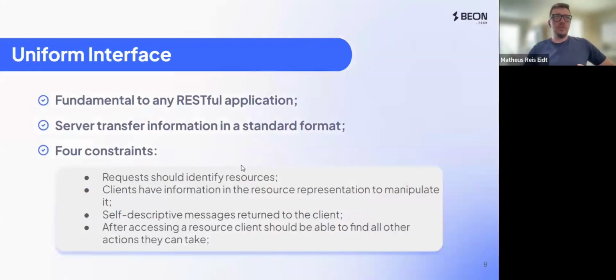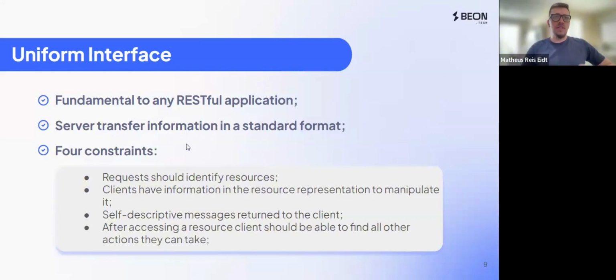So let's start with the uniform interface. This principle is fundamental to any RESTful application. It defines the way that the server will transfer information to the client using a standard format. This way, both sides will know how to deal with this information. This principle has four constraints. The first one says that the request should identify the resources.